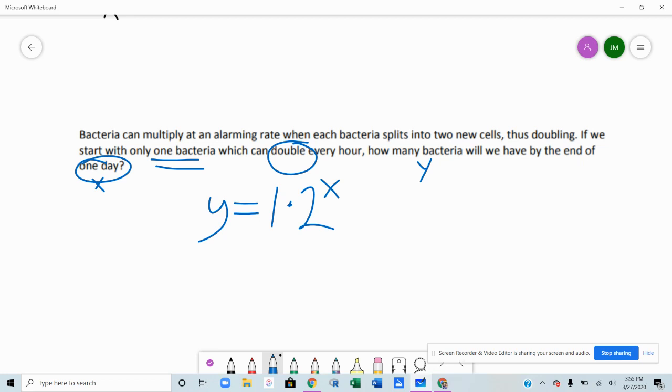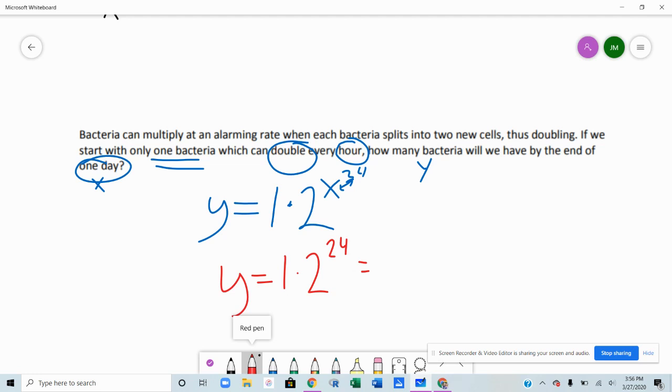But pay attention, it says 1 day, and here it says it's doubling every hour, so we can't put 1 here. We need to put how many hours are there, 24. So we're going to replace X with 24. So to get our answer, we do y equals 1 times 2 to the power of 24.